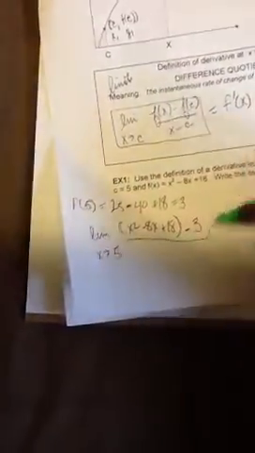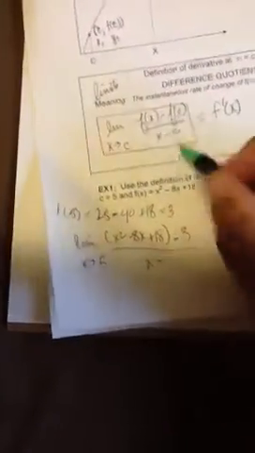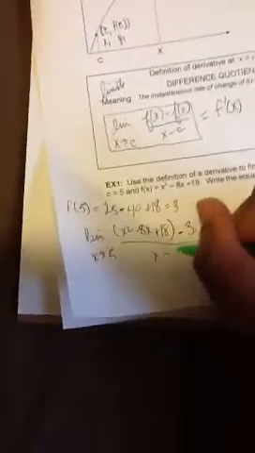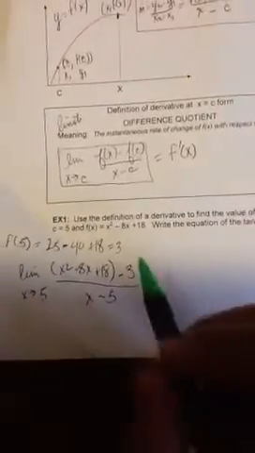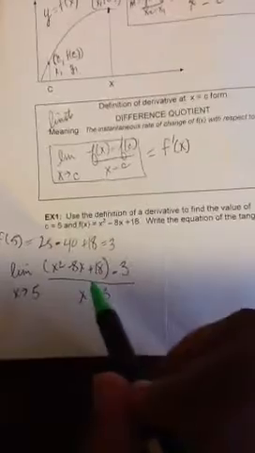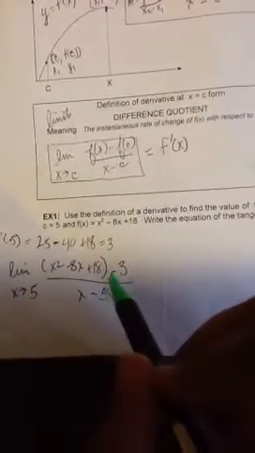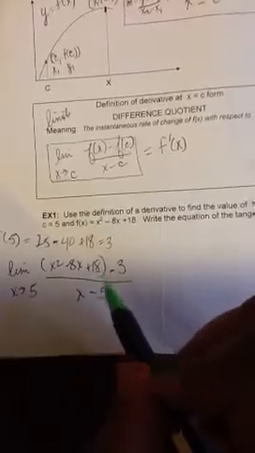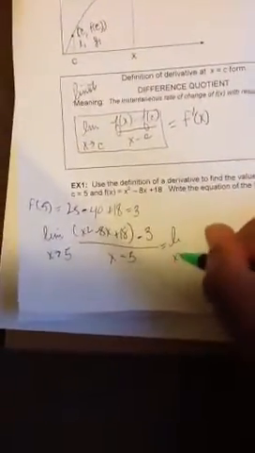We're going to divide that by x minus the c value, which we know is 5. So I have this fraction here. So I can simplify the top: x squared minus 8x plus 18 minus 3. I know that's going to end up being 15. So that's the limit as x approaches 5.